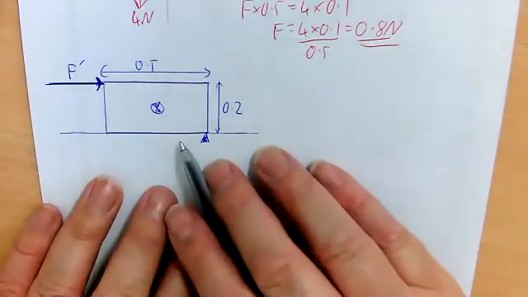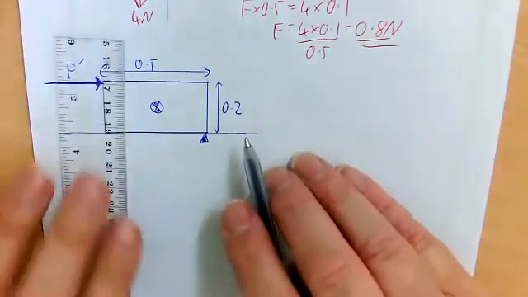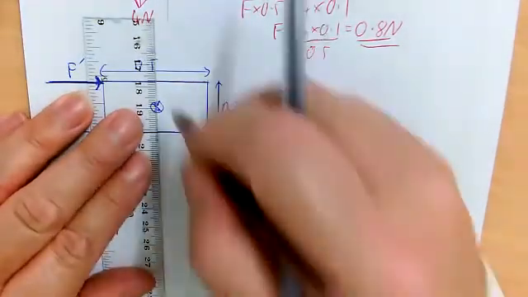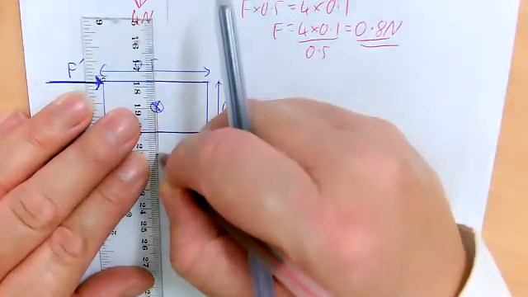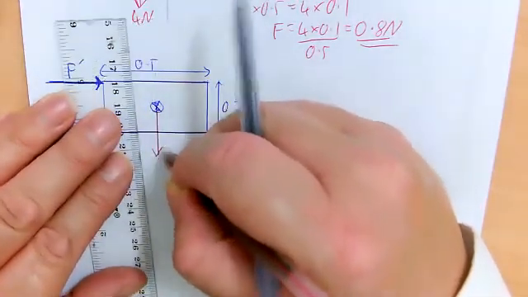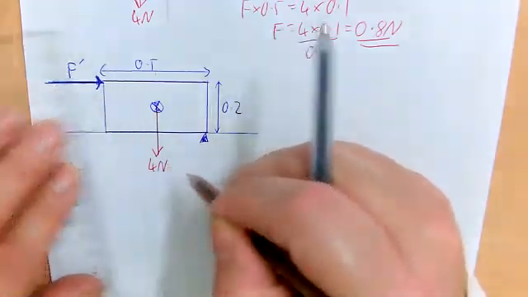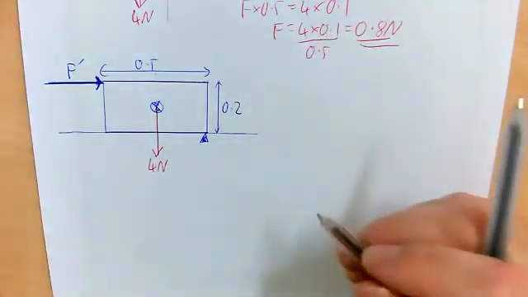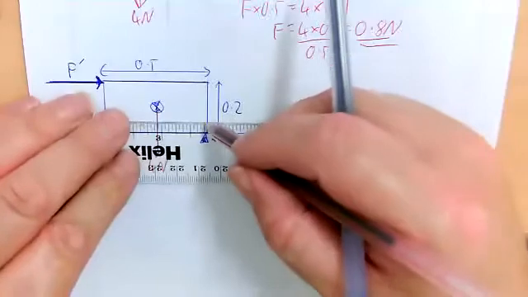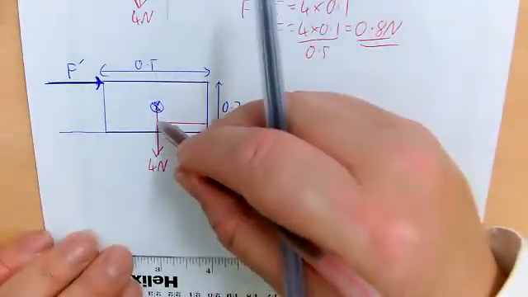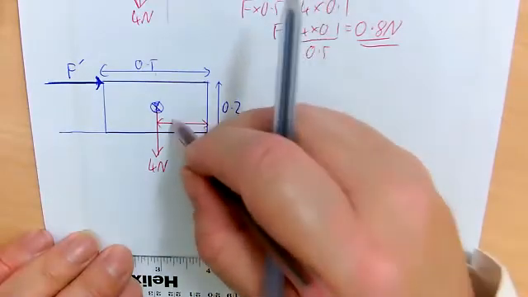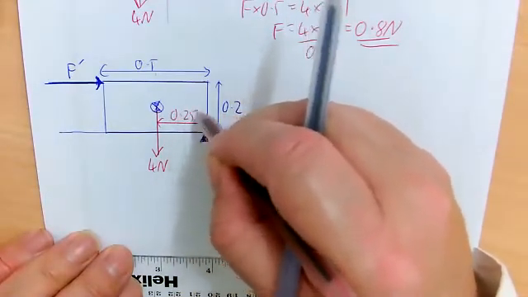And we could actually do the same sort of sums. We know the center of gravity will act about this point here. It's still the same block, so it's still 4 newtons. So we can work out straight away that this perpendicular distance between the line of action of the force and the pivot is going to be 0.25.